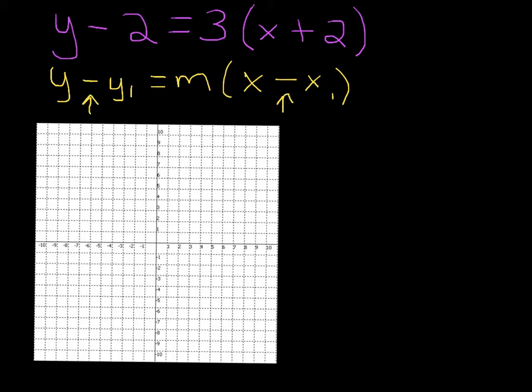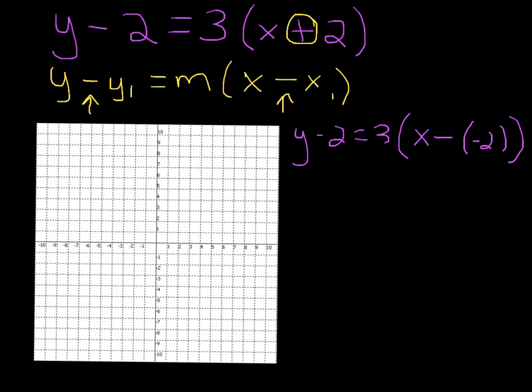So what do you think would have to be true if all of a sudden you have a plus sign? What that means is if you had, let's say, y minus 2 equals 3 times, it would be x minus, and then instead of 2, it would be negative 2.